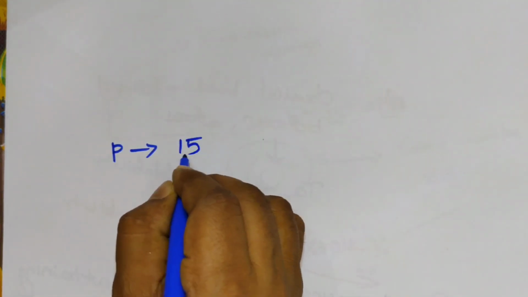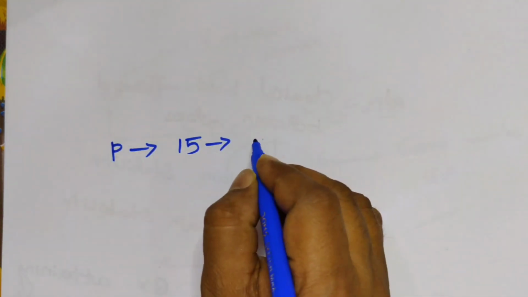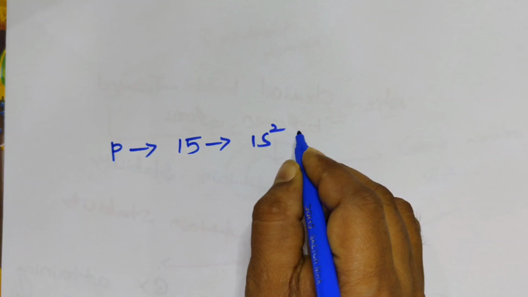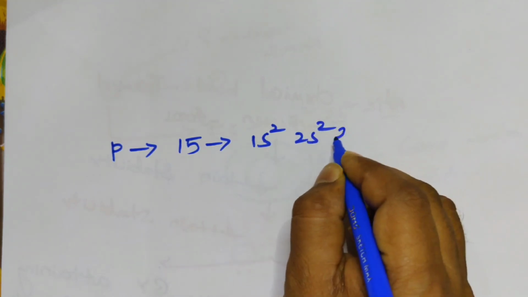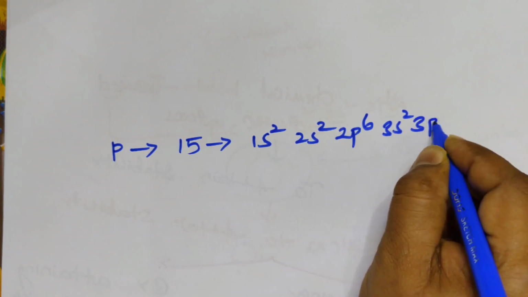Next example is phosphorus. What is the atomic number of phosphorus? 15. What is the electronic configuration of phosphorus? Very good: 1s2, 2s2, 2p6, 3s2, 3p3.